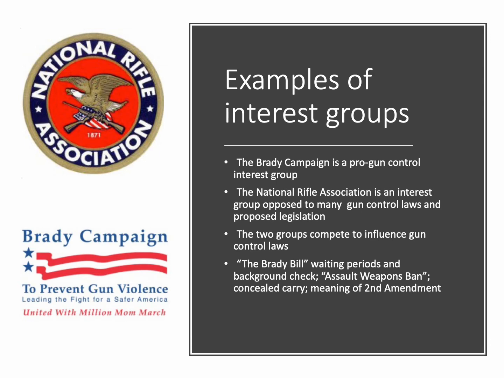On the other side of that issue, we have the Brady Campaign to Prevent Gun Violence, and they advocate on behalf of gun control. So the two groups compete. They basically fight against each other to influence gun control laws. The Brady bill was eventually passed, mandating waiting periods to buy guns and background checks.